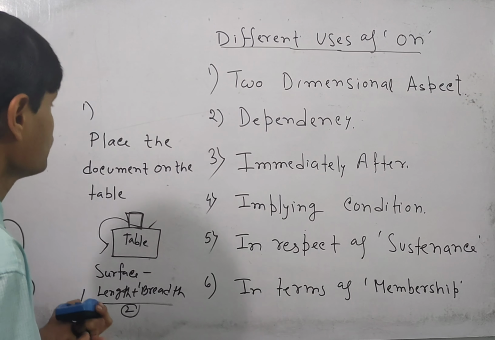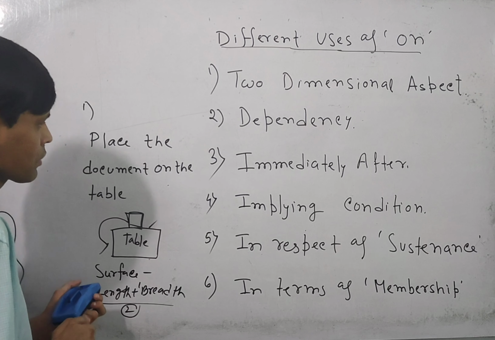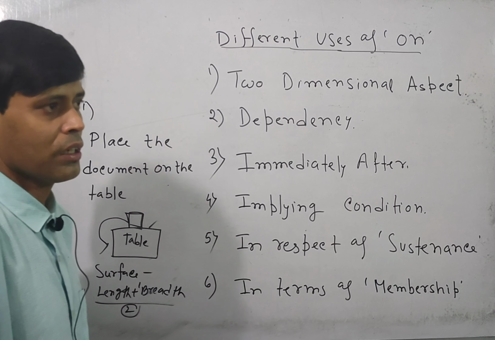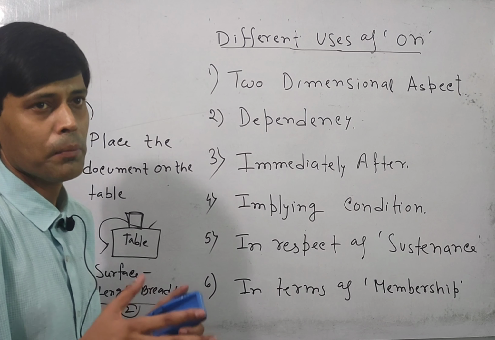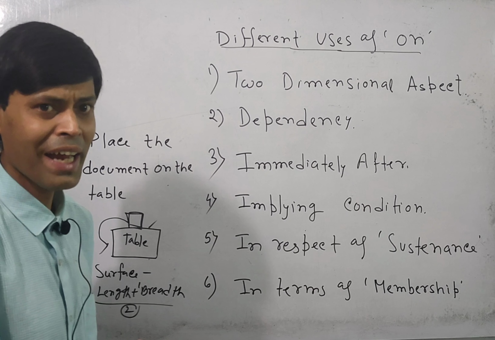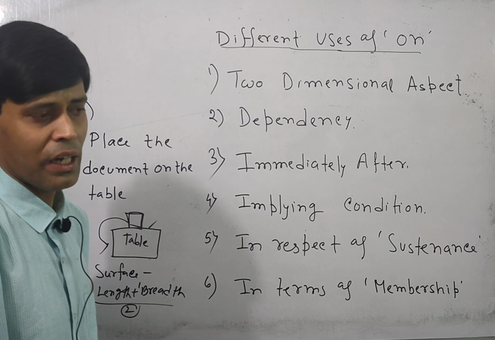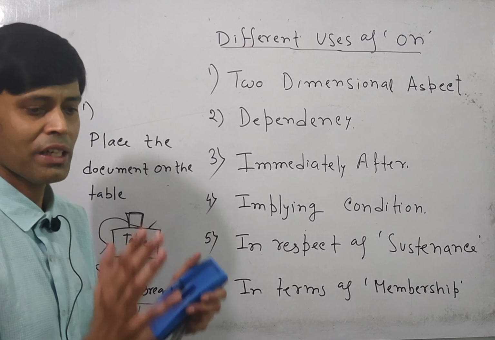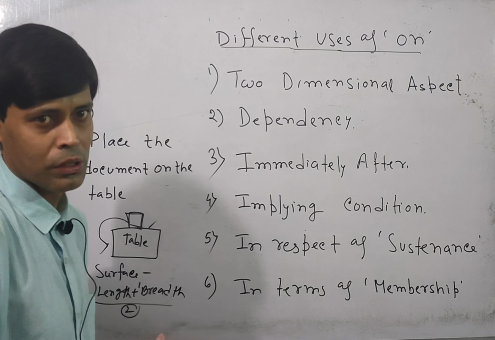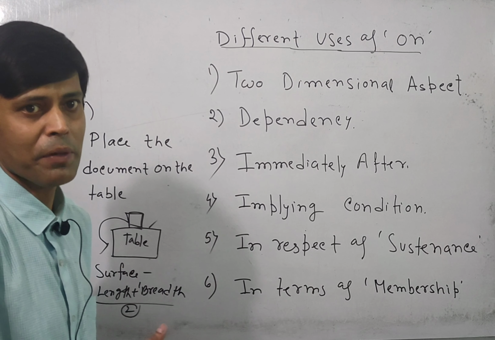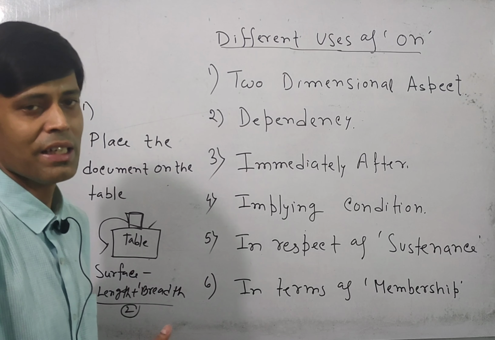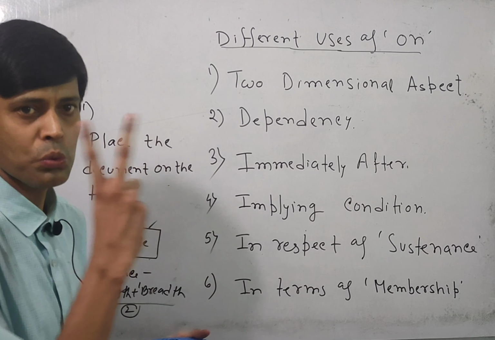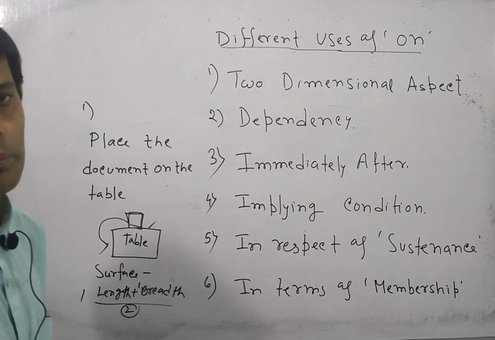Again I am telling you, if I give another example like this: please stand on the floor. Kindly come down and stand on the floor. Now think about the dimension of the floor. The floor does not have any height, but still it has 2 dimensions, length and breadth.